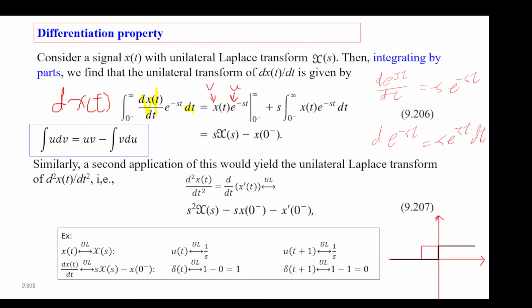Okay, and so you have this minus s here, and you have this minus sign here, so it becomes plus s. In the end you get this plus s times the integral of x of t e to the minus st dt.